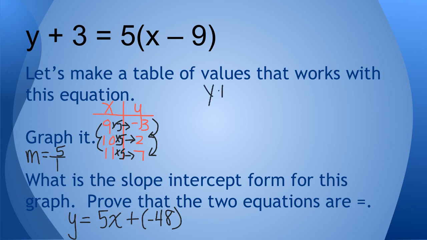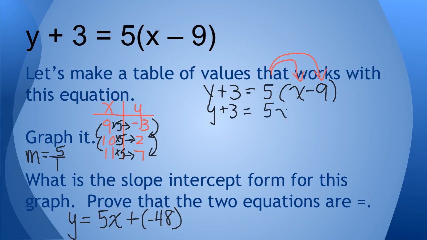So y plus 3 equals 5 times x minus 9. So back a couple of units, we learned that we have to distribute first. So my y plus 3 is unaffected, and then I'll have 5 times x and 5 times negative 9. Remember, I want y to be by itself.